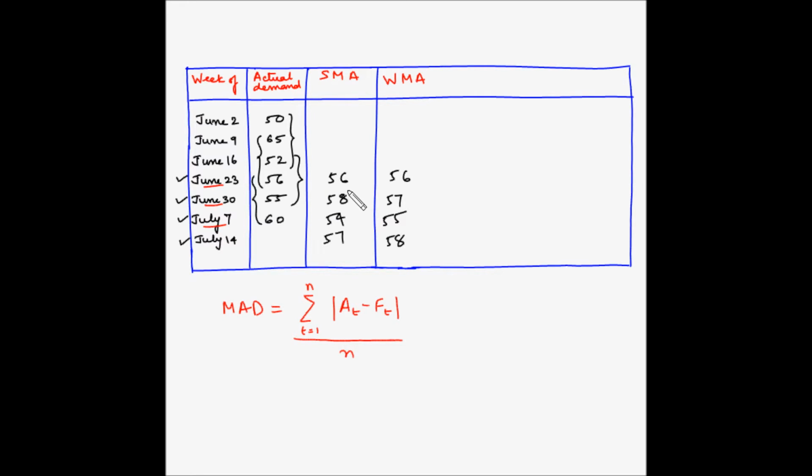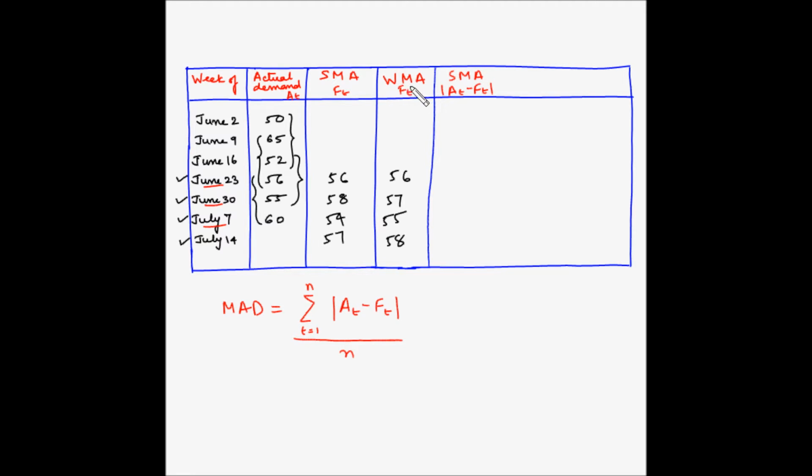So let's find out the deviation or the absolute deviation value for these 3 weeks for both the simple moving average and weighted moving average. For the week of June 23rd, the absolute deviation is AT minus FT. Now AT is this one here, which is the actual demand, and FT is this one here.